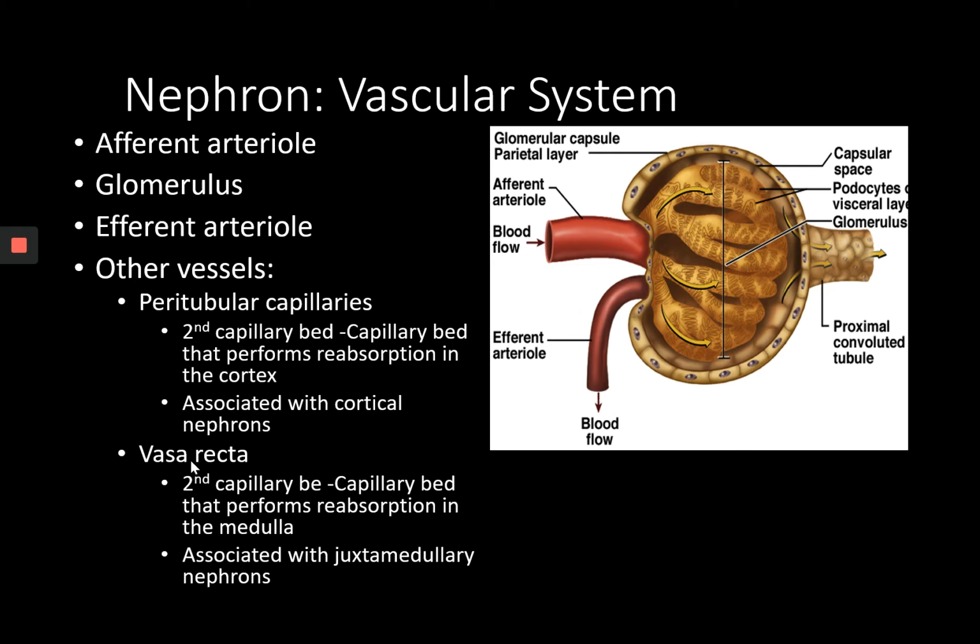Cortical nephrons have paratubular capillaries, juxtamedullary nephrons have a vasa recta. So just depending on which type of nephron is being used, you may see one or the other as the secondary capillary bed. But the microscopic vascular system for the nephron includes these structures: afferent arteriole, glomerulus, efferent arteriole, paratubular capillaries, or vasa recta.